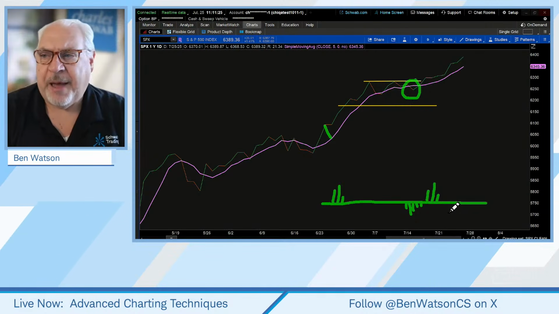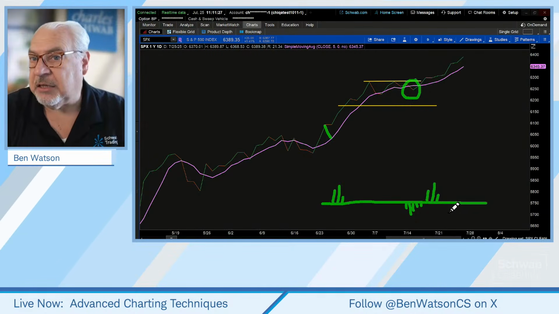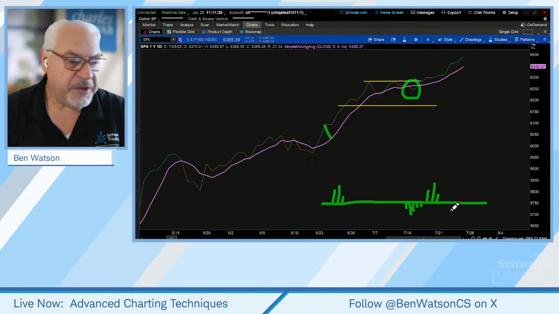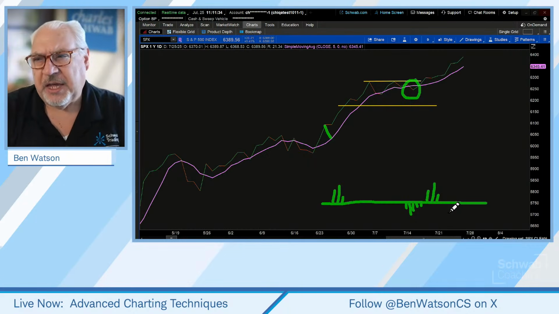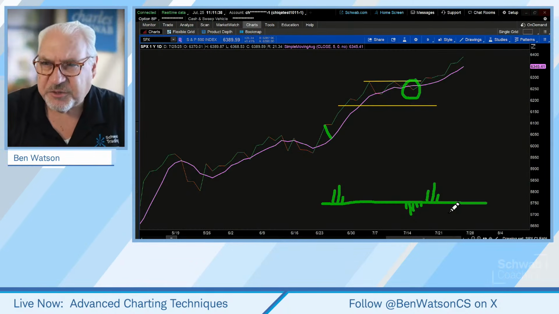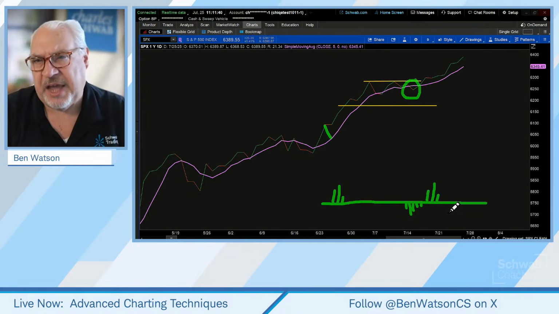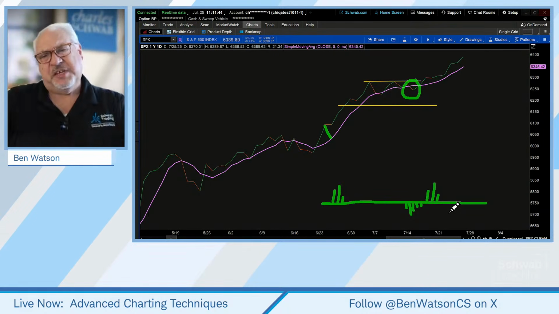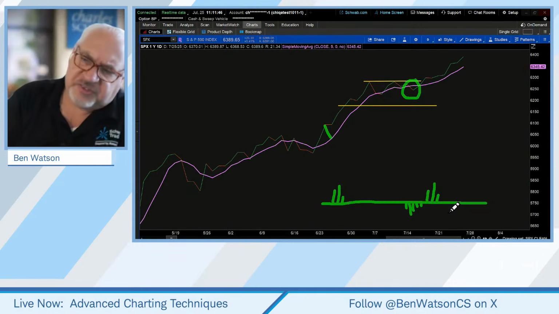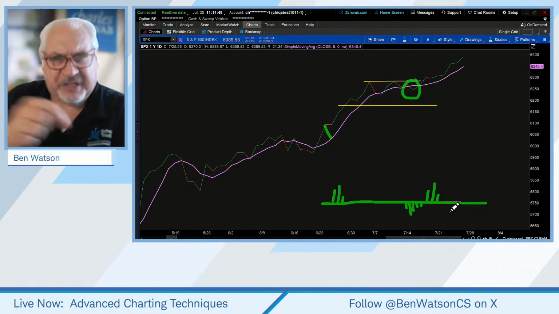In fact, what happens in the MACD is the indicator takes two different moving averages, takes the difference between those two, and compares that to the average of that difference. So it tends to smooth out some of the disparities in the data.